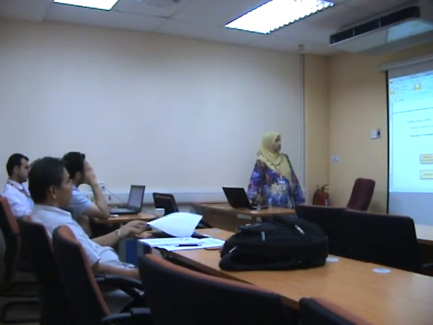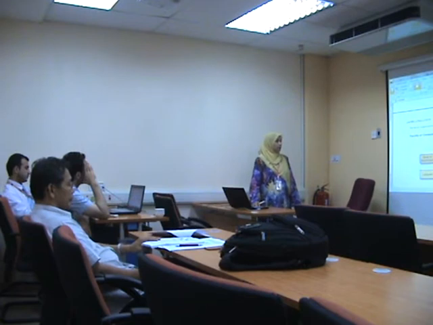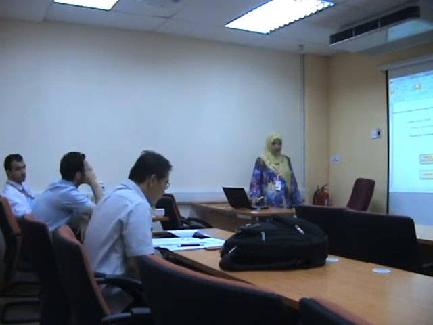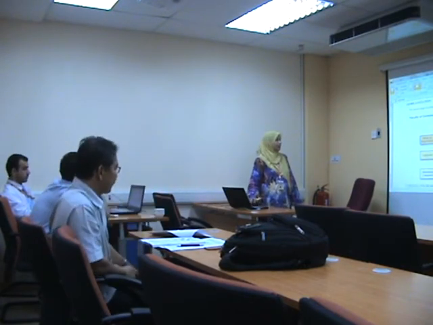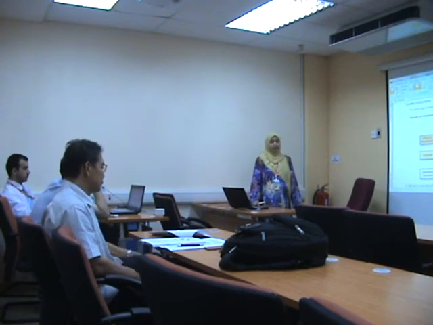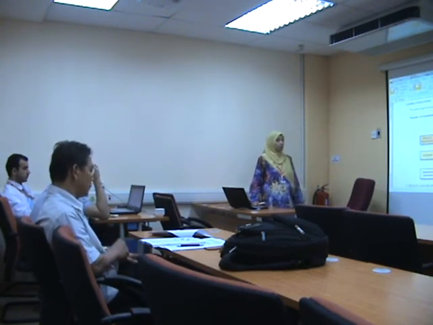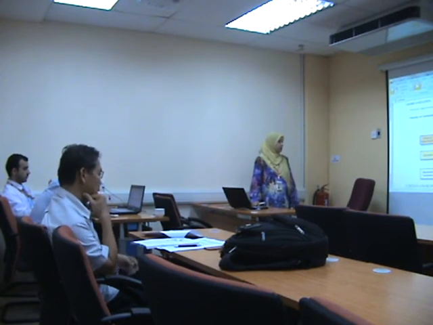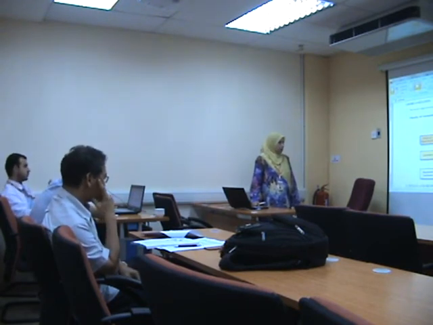Next is the chart of the faculty organization. It is led by the dean, supported by the head of department and also the program coordinator. Each department has lecturers and assistant lecturers.